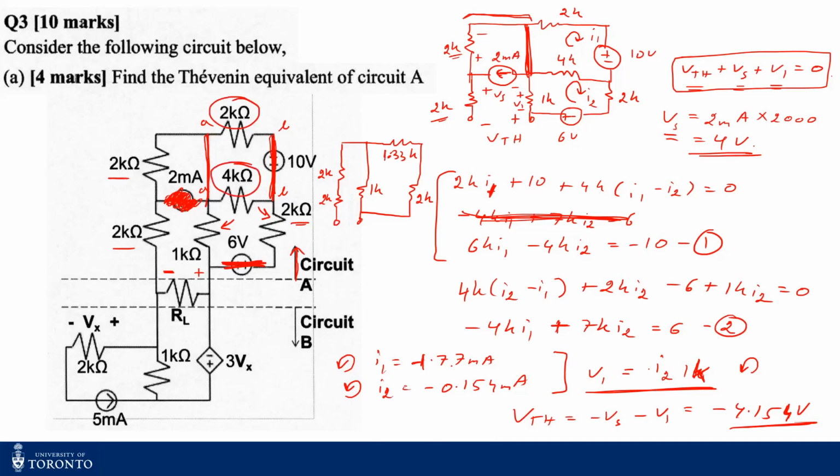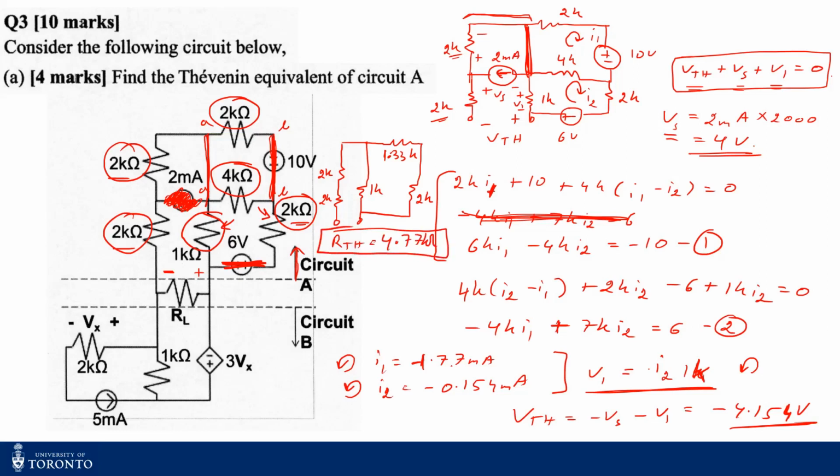This is in series with these 2 kilo ohms as shown. This entire thing is in parallel with 1 kilo ohm, and this is then ultimately in series with these 2 kilo ohms. Once you plug in the values, you find your RThevenin to be 4.77 kilo ohms.